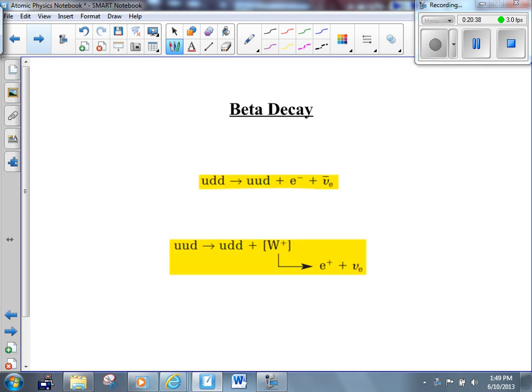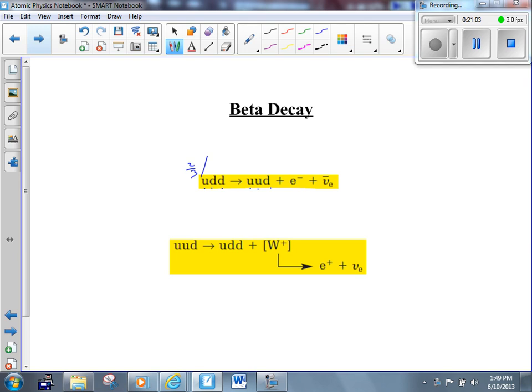Finally, the last page. This is where it all ends. We're going to revisit beta decay just briefly and express beta decay in terms of the quarks that we've just learned about. This is an up quark, a down quark, and a down quark. Up, down, down. An up quark has a charge of 2/3 the elementary charge.